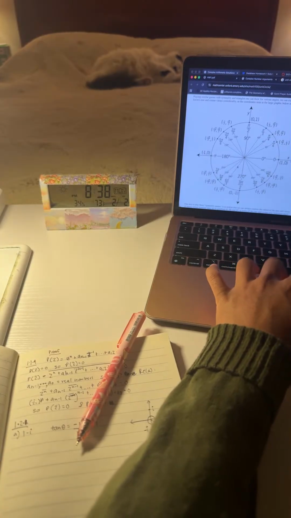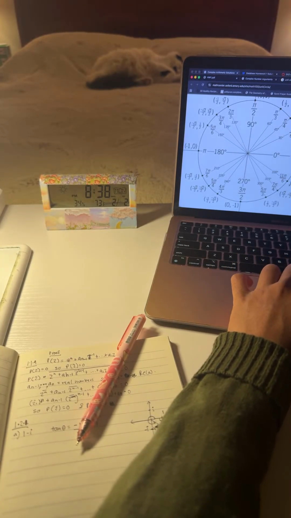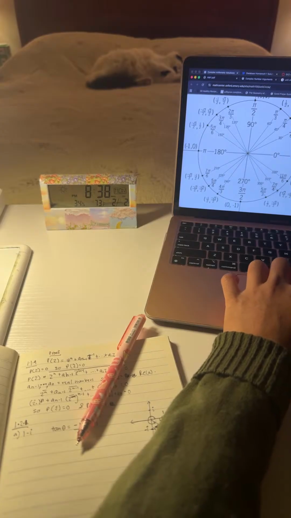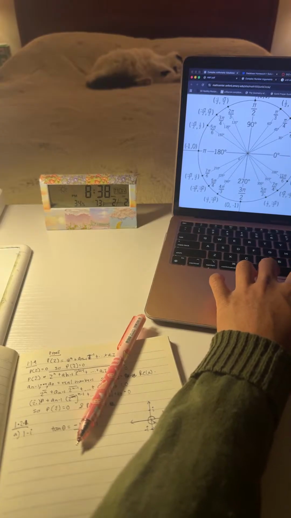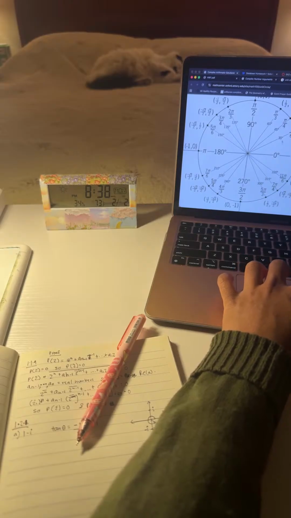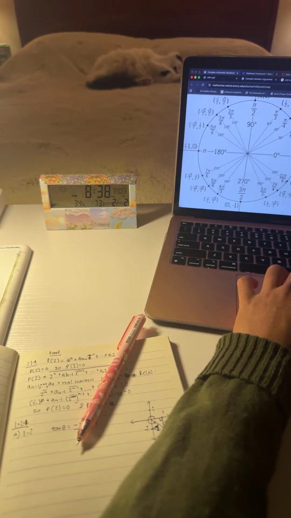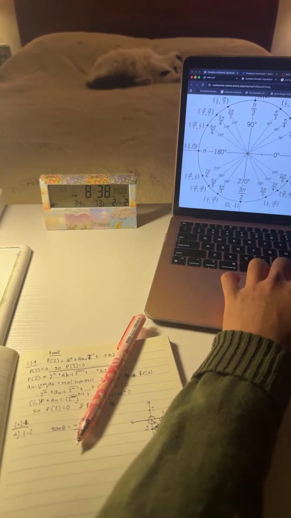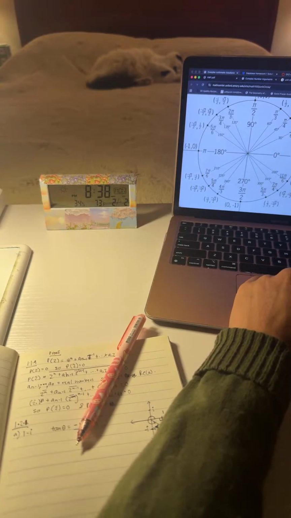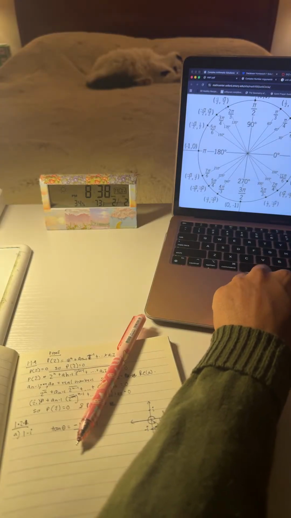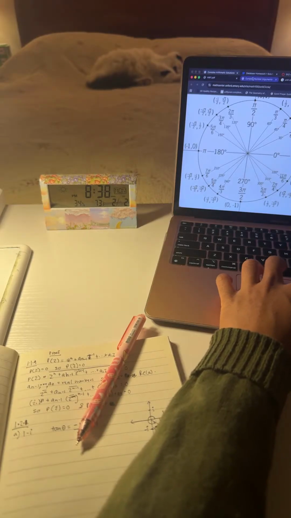Okay, so it has to be root 2, right? Bro, I completely forgot how to calculate.